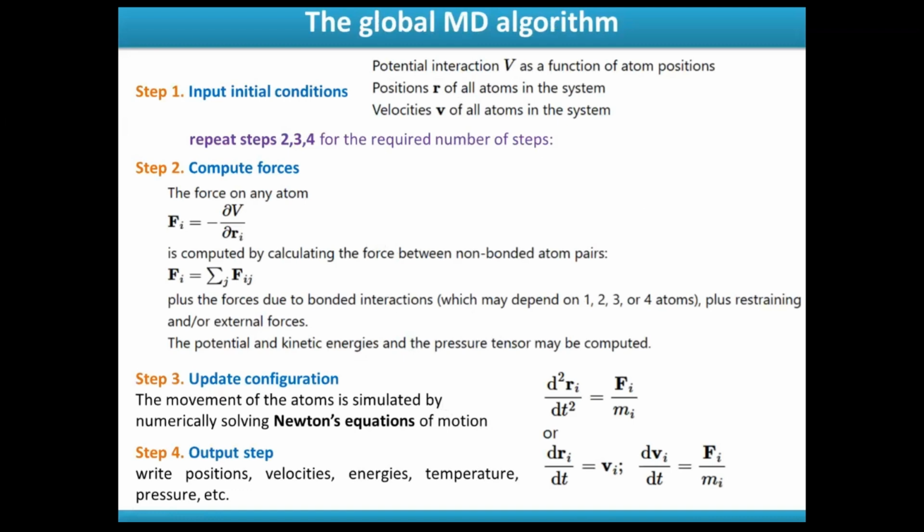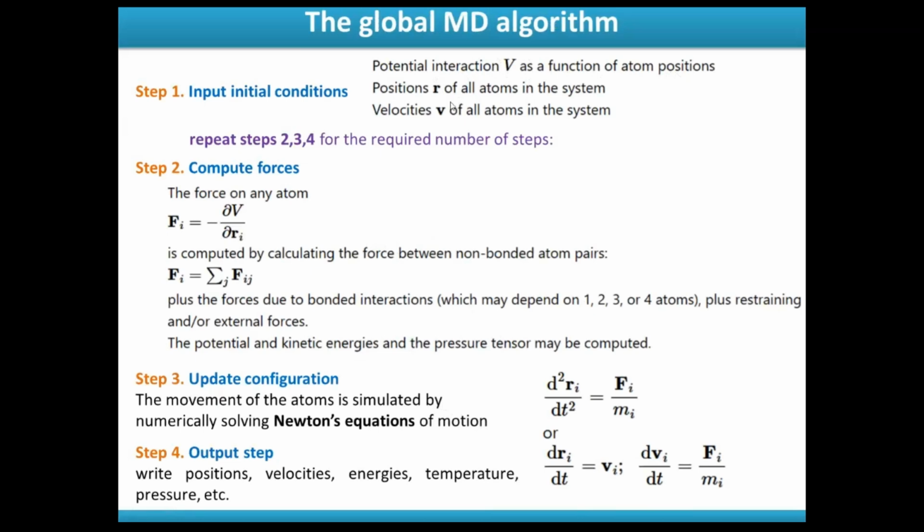So here is the global MD algorithm, which works in this manner. First, it will require the input of initial conditions, that is, some initial structures which have some potential interaction in terms of V, that is the function of atomic positions, such as the 3D structure of the protein and ligand which we are providing to it.